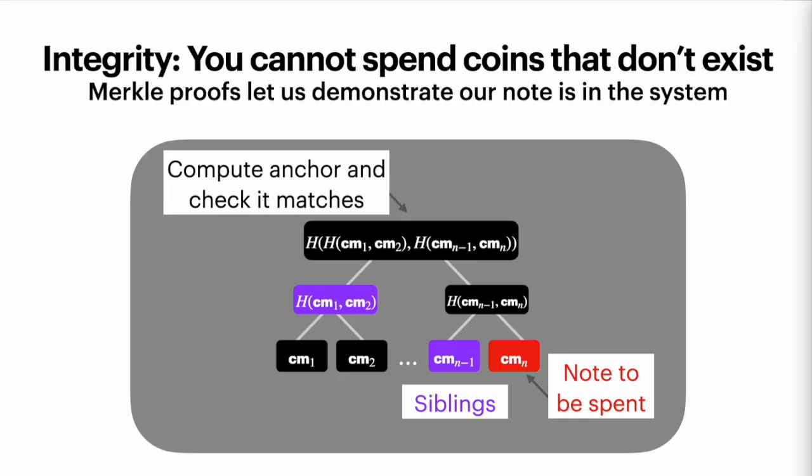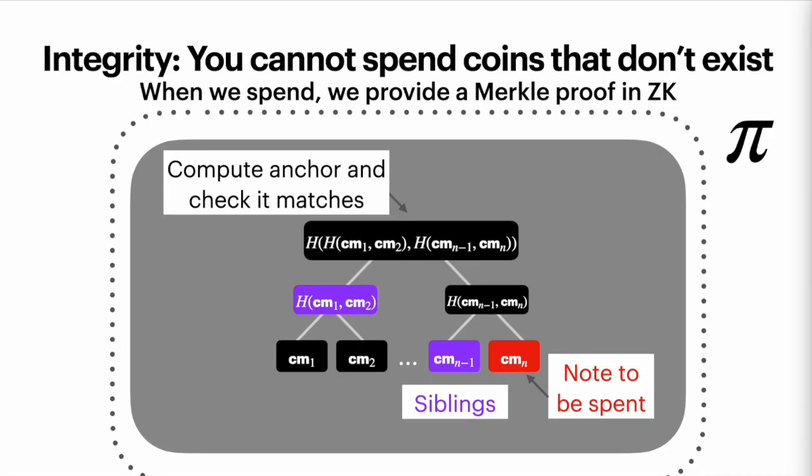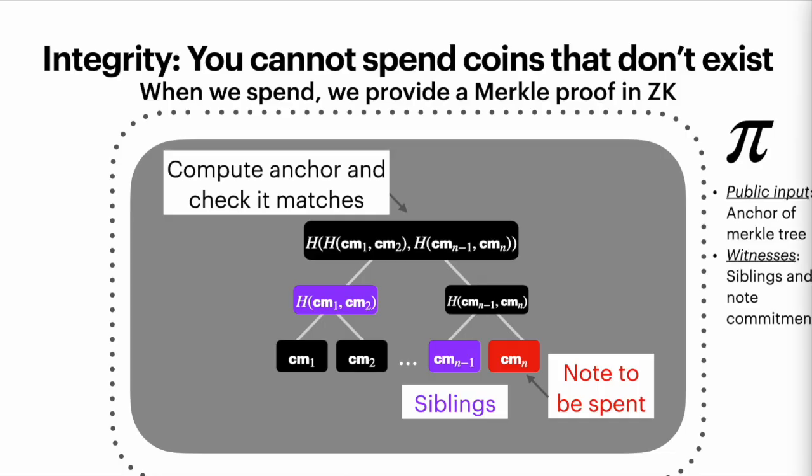How do we make this private? Well, we do all of this Merkle path verification in zero knowledge, so we do it inside the circuit. The reason for that is otherwise we would be revealing which note we're spending. The public input of the proof would be the anchor of the Merkle tree, and that's something the verifier would provide because it's keeping track on its side of all of the note commitments in the tree.